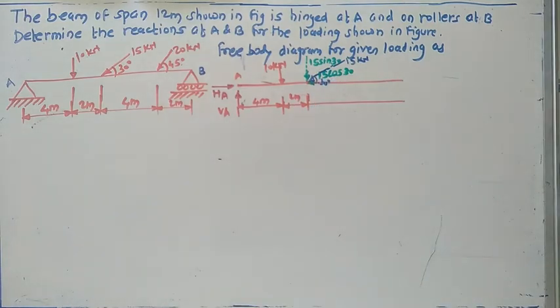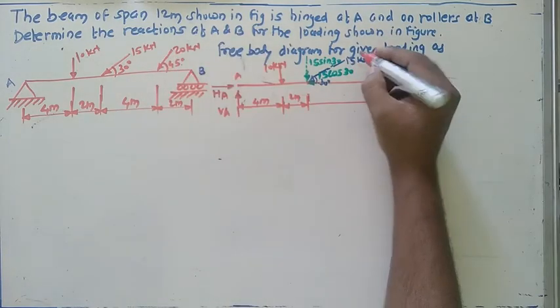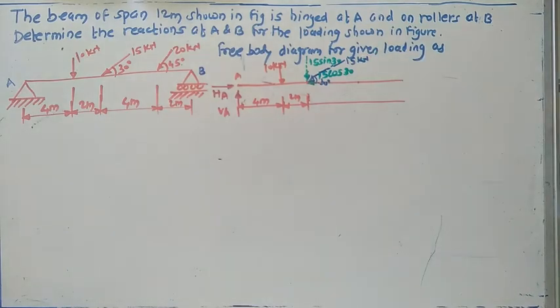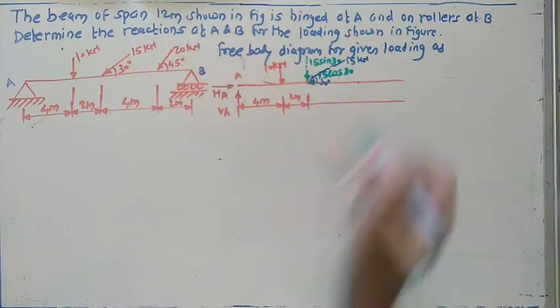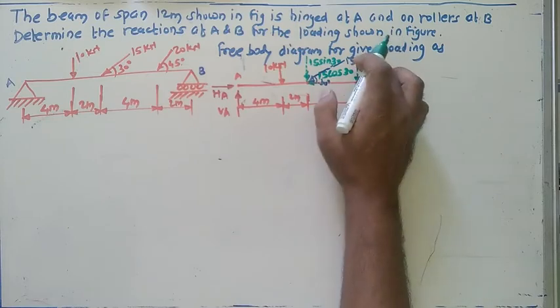Now what's about the next one? So next force with us 20 kilonewton. For that also just show the two components. One will come in horizontal direction, other component in vertical direction.